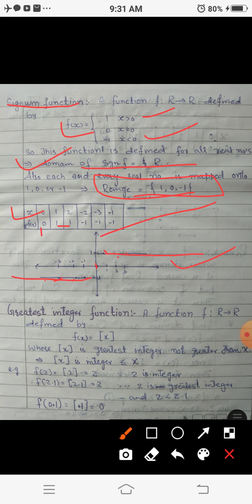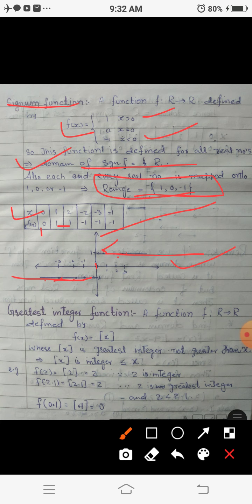So here this line in the first quadrant, which is parallel to the x-axis, does not exactly touch the y-axis. Why? Because at 0 we have 0, and if we consider 0.1 or 0.0001, this 0.001 is positive, and under this signum function 0.001 is mapped to 1.